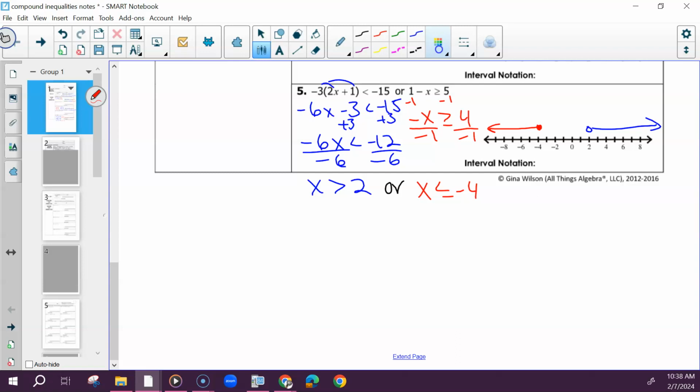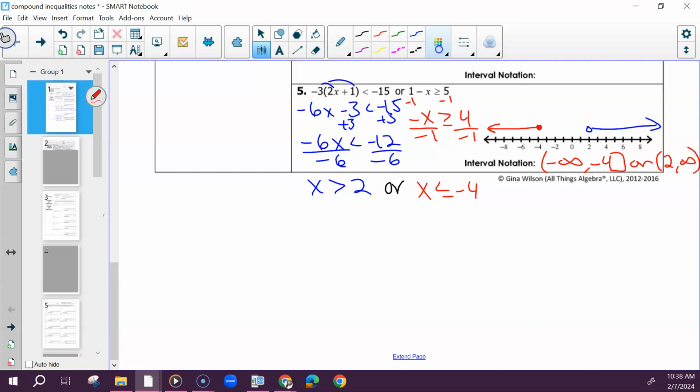And then how would we write that notation? Where does it start? Negative infinity to negative 4 with a bracket, or parentheses 2 to infinity.